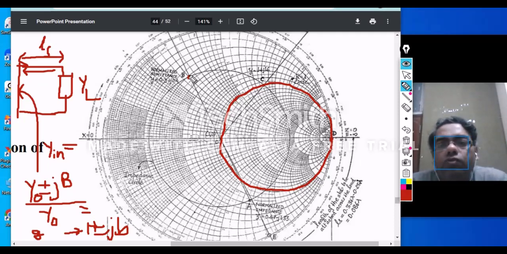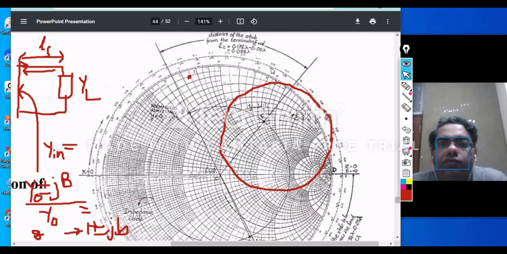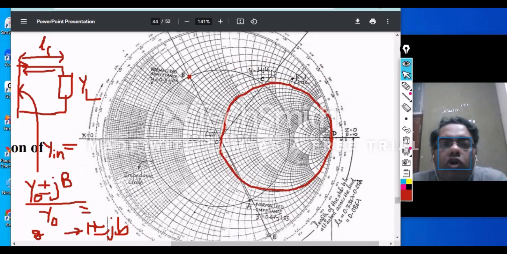So we have to move from this towards the G equal to 1 circle. That means we have to move clockwise, towards the generator. We have to move clockwise along the constant VSWR circle only, to the point which is G equal to 1.